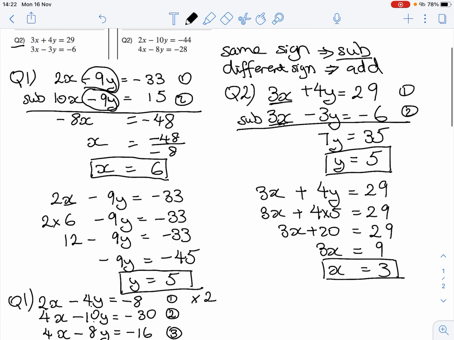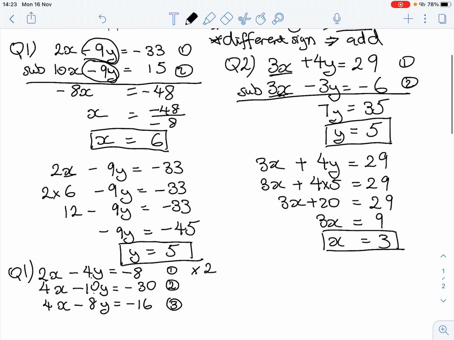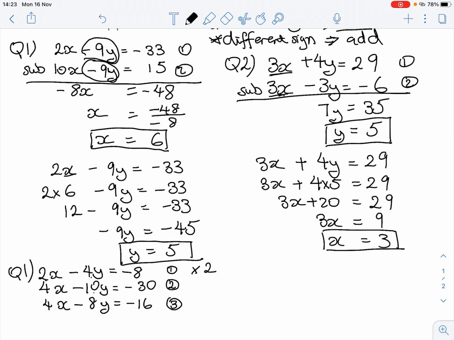Remember, same sign we subtract and different sign we add. It's the same sign, so we subtract: equation 2 subtract equation 3. So 4x subtract 4x is 0.